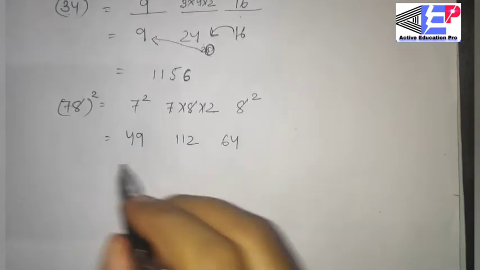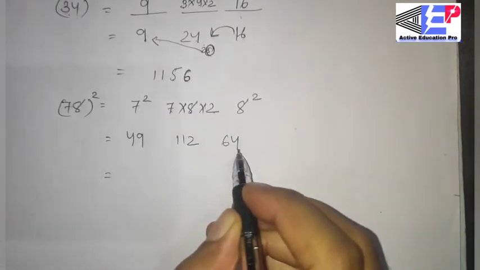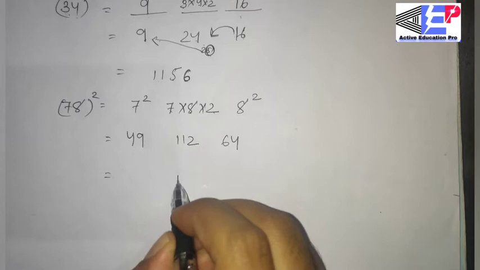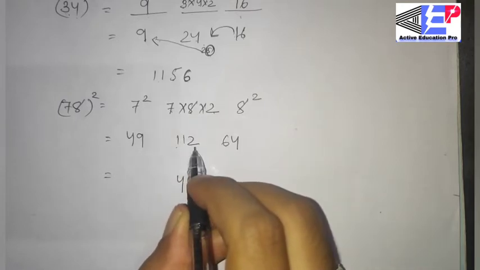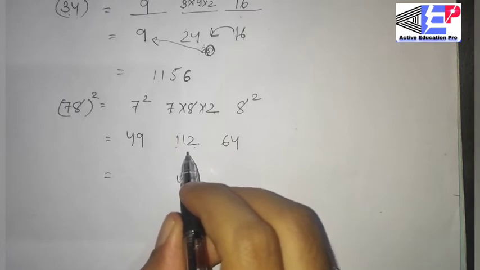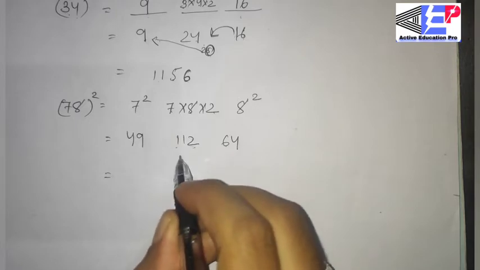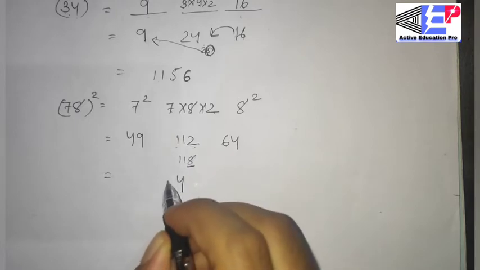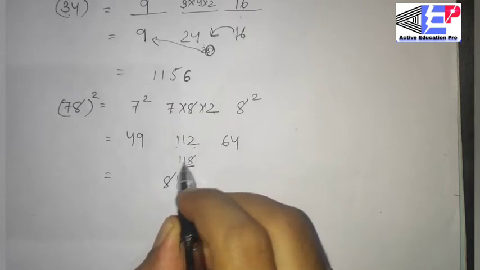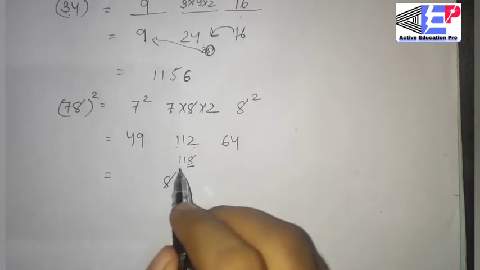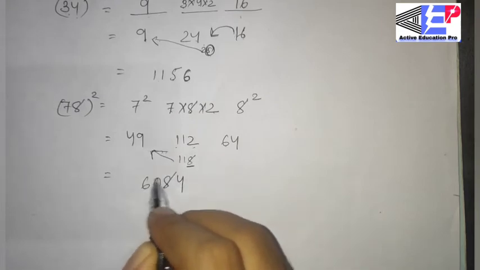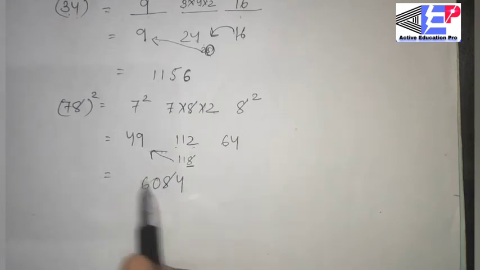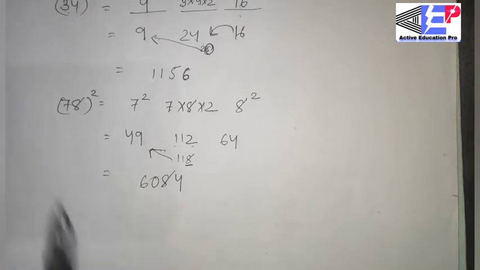Now write the unit part from the right side. Here 4, then 6 is added to 112, and it becomes 118. This 8 is the unit part. Then 11 is added to 49, and it becomes 60. So 6084 is the square of 78.